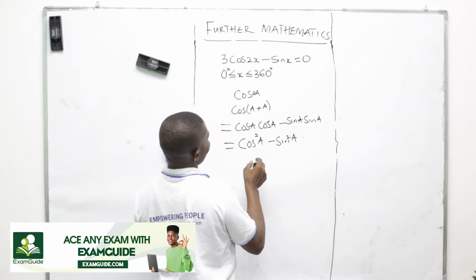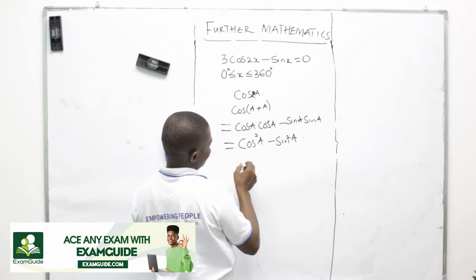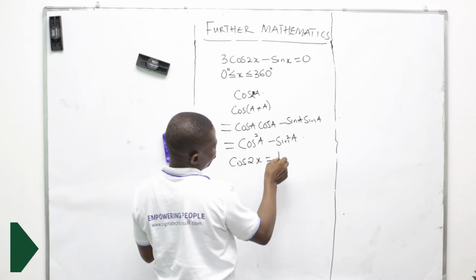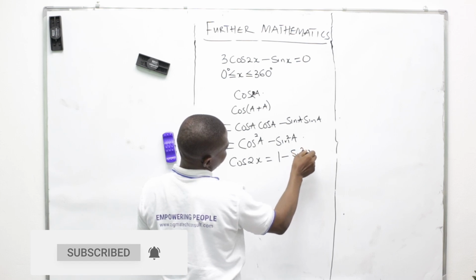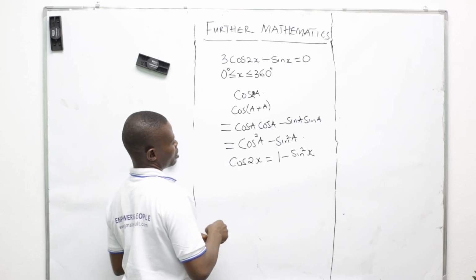Okay? Now, from compound angle, we also know that cos 2A, or let's say cos 2x equals 1 minus sine square x.